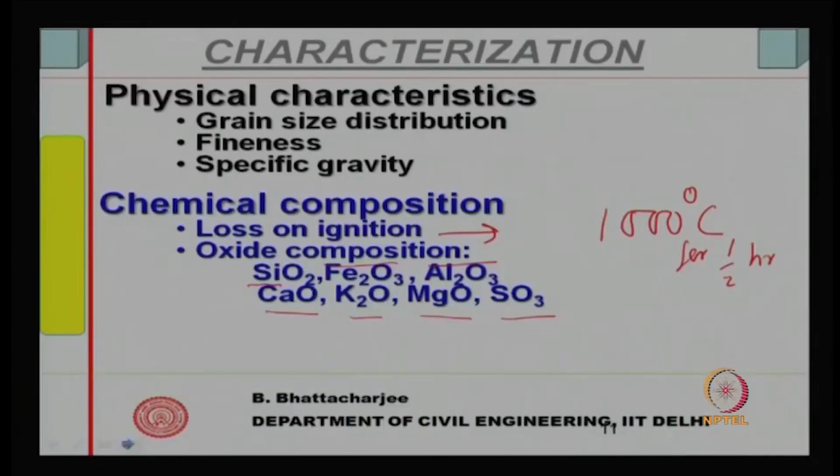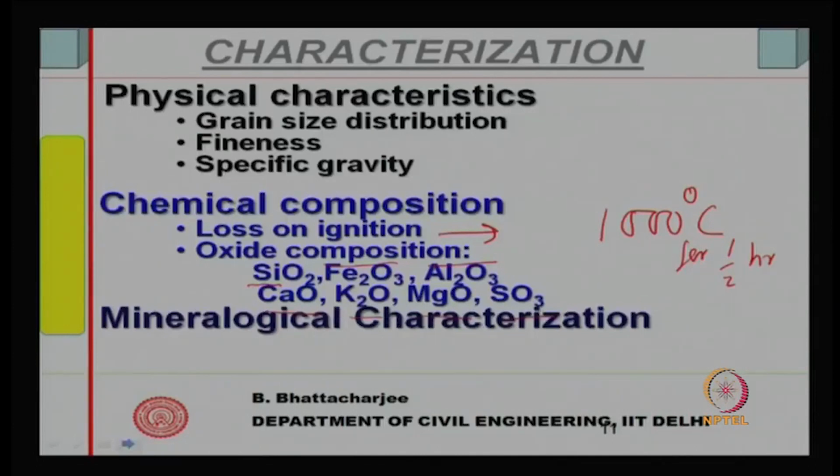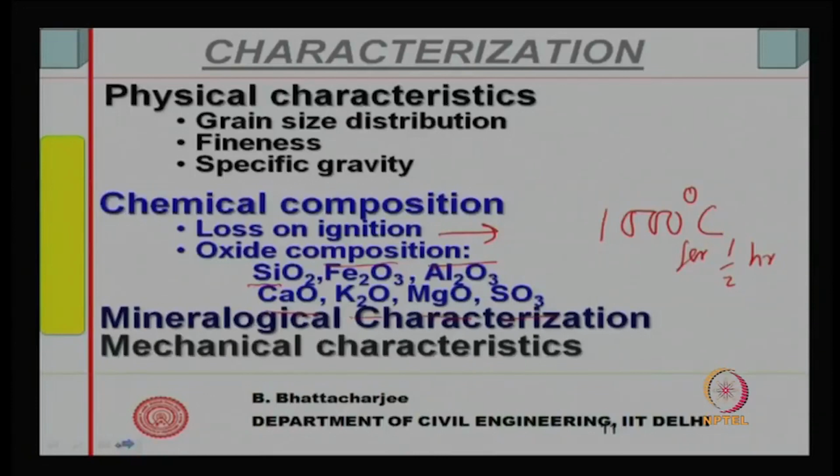So, for chemical composition we look at these two important things. Mineralogical characterization: largely this material should be amorphous, but there are some amounts of minerals present. Of course, the percentage of amorphous material is most important, the more the better, but still we look at the mineralogical composition, whatever minerals are present, by X-ray diffraction.